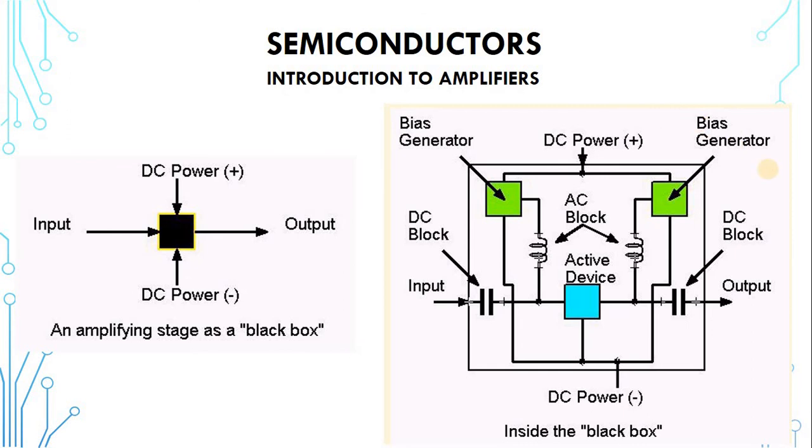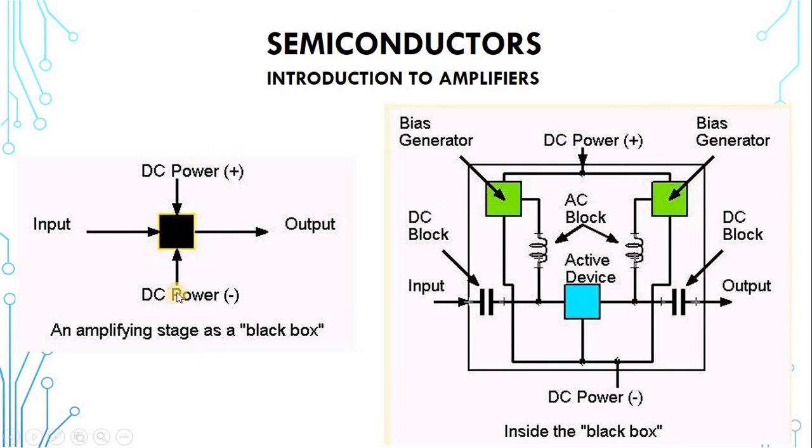Usually the transistor is the main amplifier, but there are some other things that need to support the work of the amplifier to help it operate optimally. So if you consider the amplifier as a black box, it has an input, an output, and a power supply. Every amplifier has an input, an output, and a power supply.